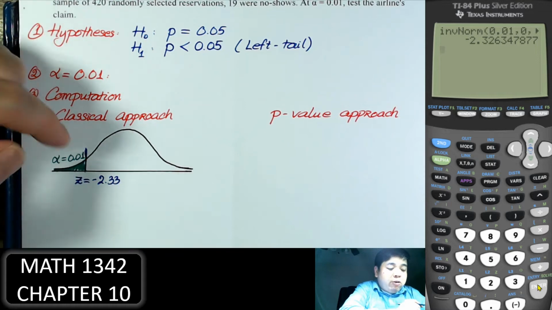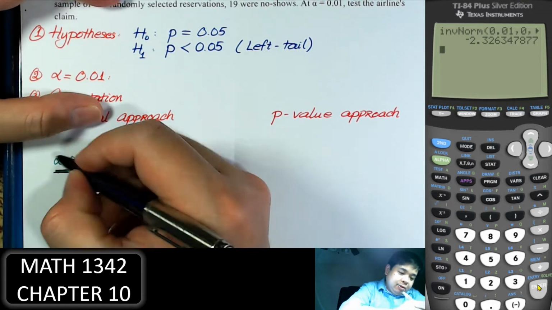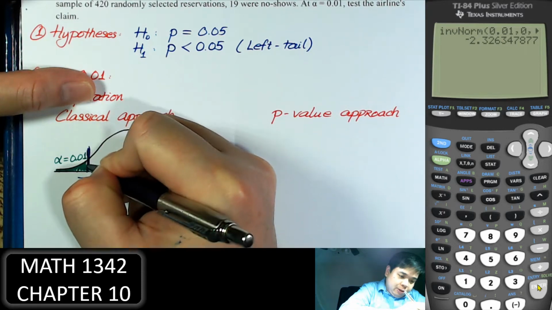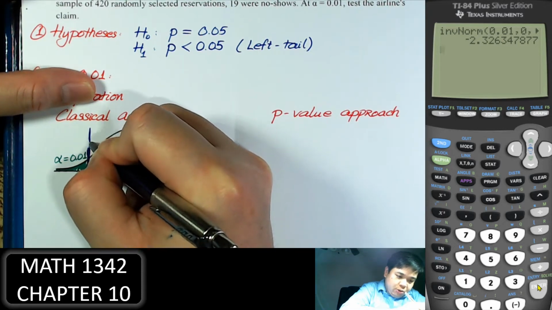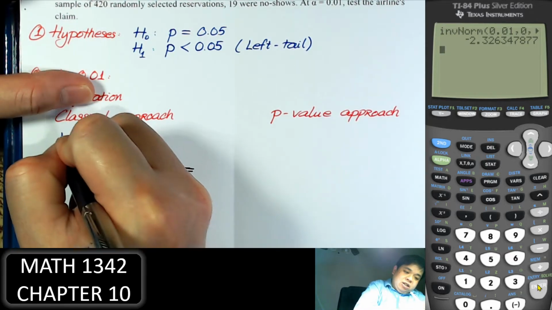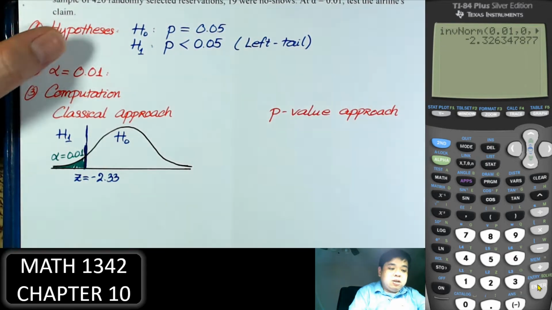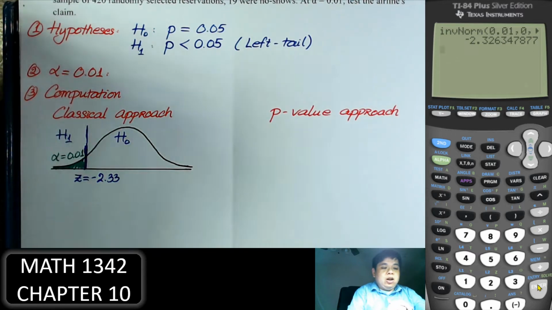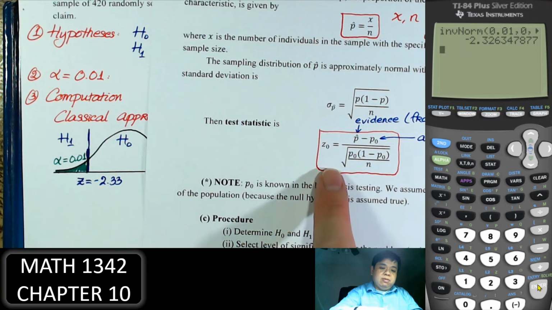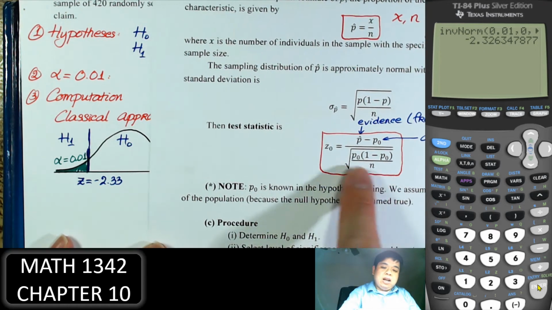Right, from alpha 0.01, that's what we get. So that is the threshold. The status quo is on this side in the middle, and the tail end is the alternate hypothesis. Right. So after that, we will calculate the test statistic to see where it lies.